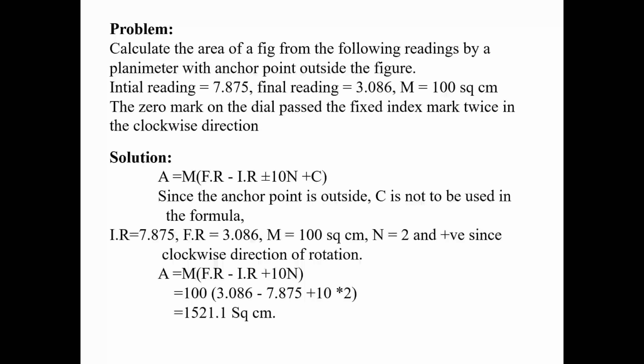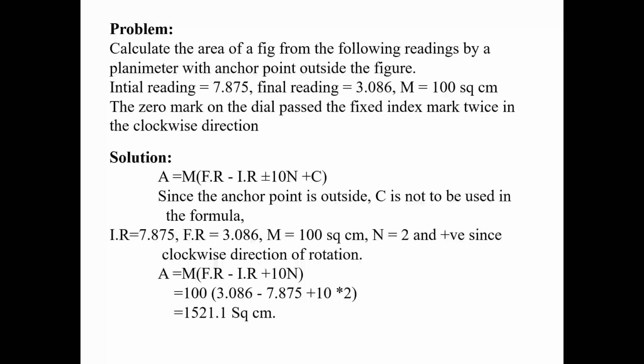So we know the initial reading, final reading, M and n, and we use the positive sign in the formula. That is A equals M into (FR minus IR) plus 10n. The C does not exist because the anchor point is outside the plan.